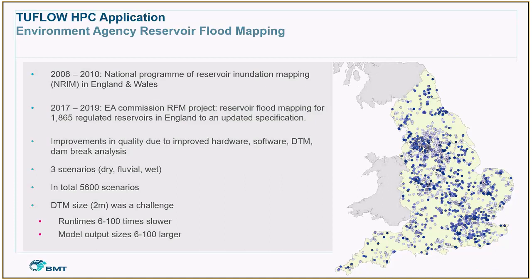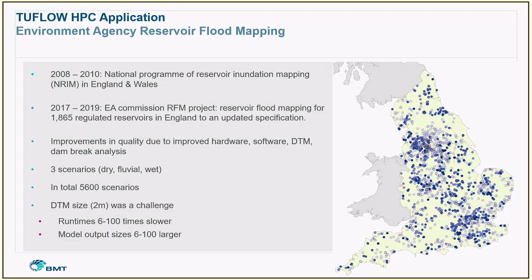So back in 2008, there was an original national programme of reservoir inundation mapping for England and Wales. Over 2,000 reservoirs were analysed, but at the time only 147 were identified as high risk and required modelling with full shallow water equations. At the time, it wasn't considered feasible to do the whole 2,000 reservoirs in full shallow water equations.